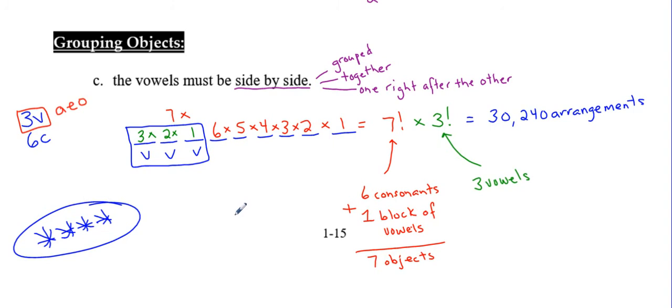Any question like that, you do the grouping, you count the number of objects, including the grouped object, as the first part, and then the grouped objects you also have to arrange. So please watch out for those questions.